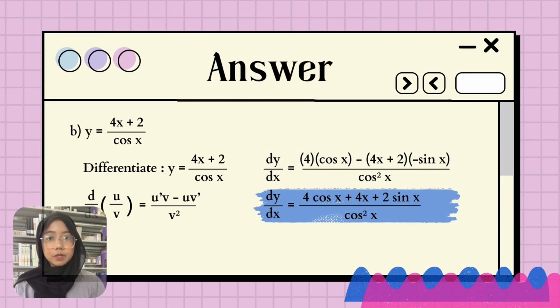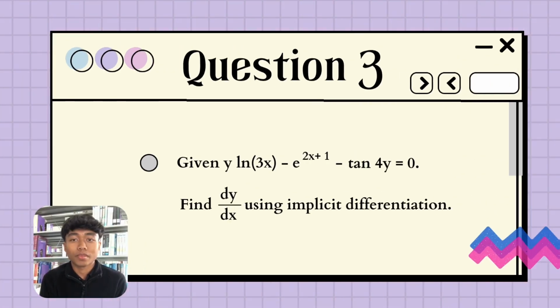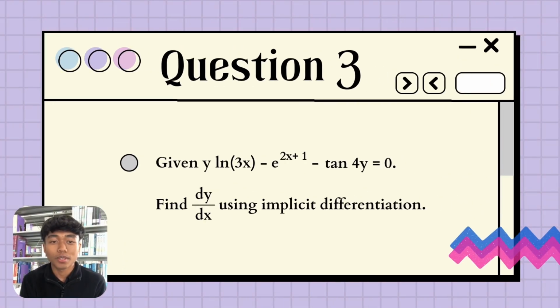The final simplified form is dy/dx equals (4 cos x + 4x sin x + 2 sin x) over cos² x. Thank you Azniza for your explanation.